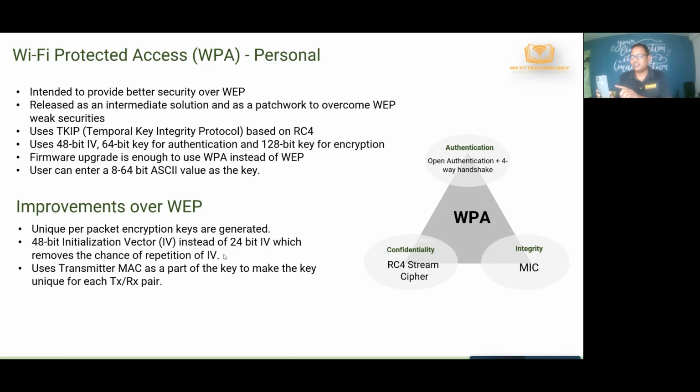So the actual key used between my phone and this access point is different from the key used from a different phone to the same access point. Even though the base key is the same, the derived keys are different because they are derived based on the device's MAC address, which is unique to that particular device. So it adds another layer of security there as well, right?